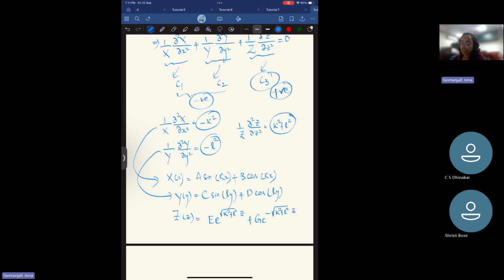The constant values we will get from the boundary conditions. Let us see them one by one.